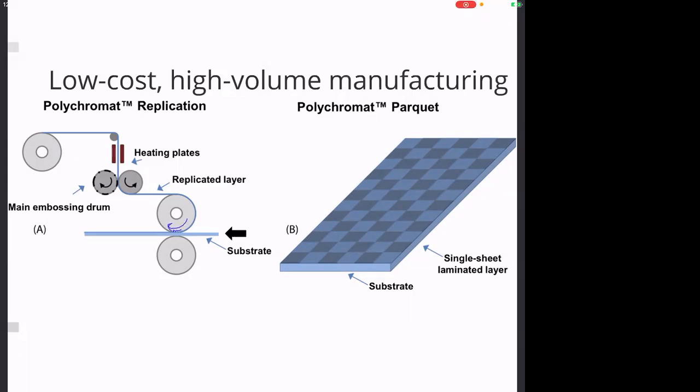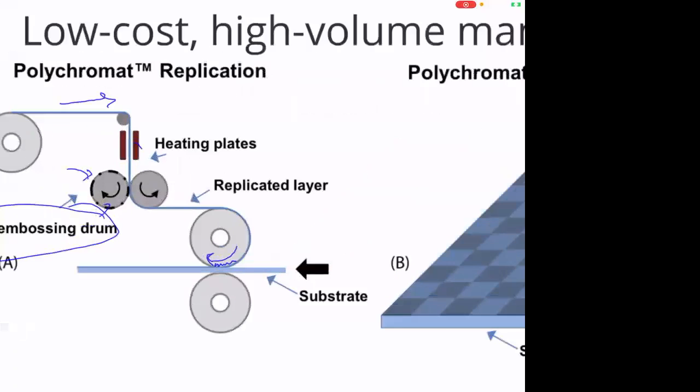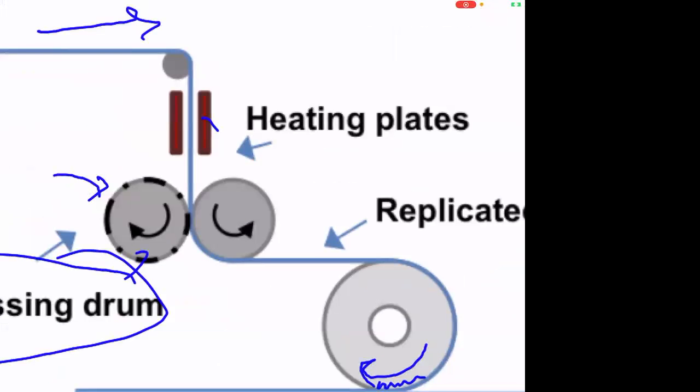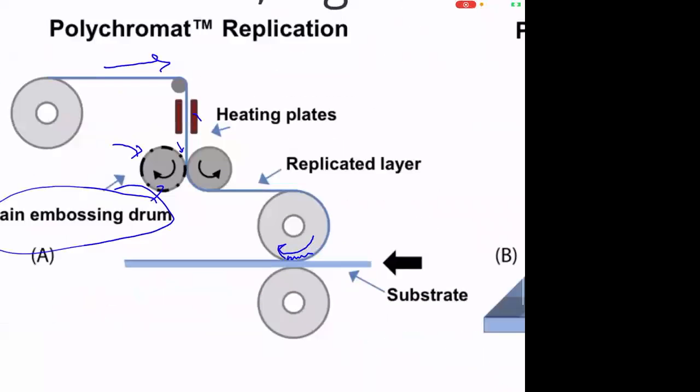And this spool, which is in a film form, goes straight down, is heated up. Oh, actually, sorry, this is the embossing drum, my mistake. So you can see the pattern is shown here with little black regions. And that pattern is embedded onto this film after it's heated up and passes through this drum, and then it's laminated onto a substrate.